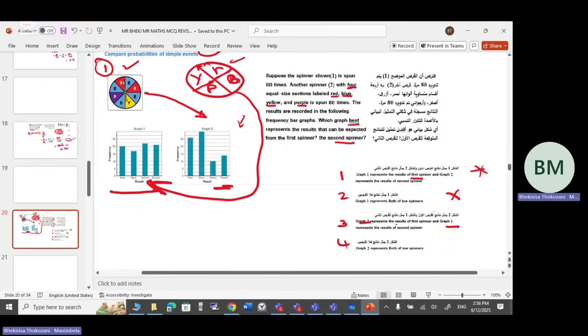All right. And guys, this is the correct answer. Why? Because this is more of a fair graph. If you look at this one here for spinner number 2, and this one here is more of an unfair spinner here. So that's why I will go for statement number 3, because graph number 2 cannot represent both the spinners. Okay, so I hope that makes sense.